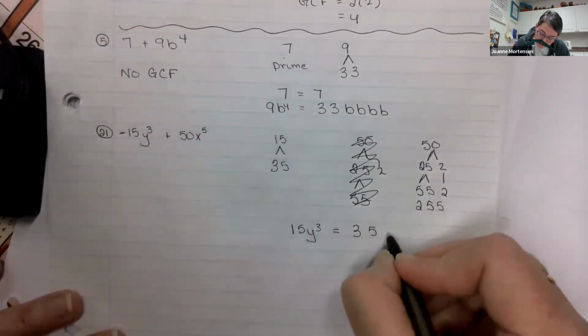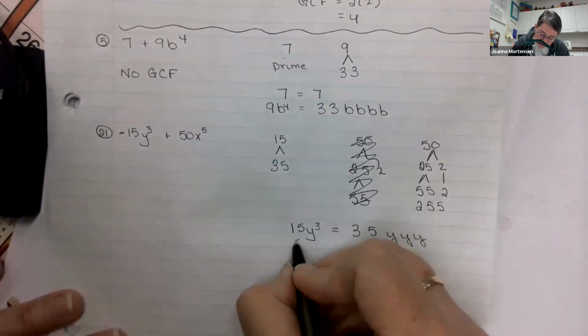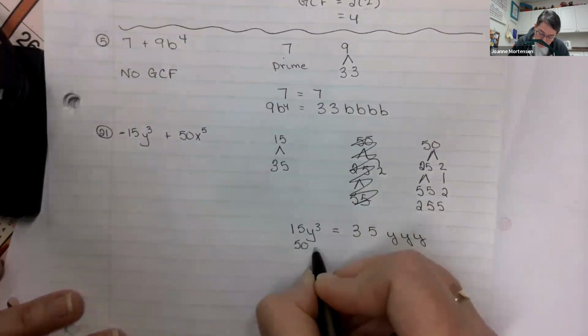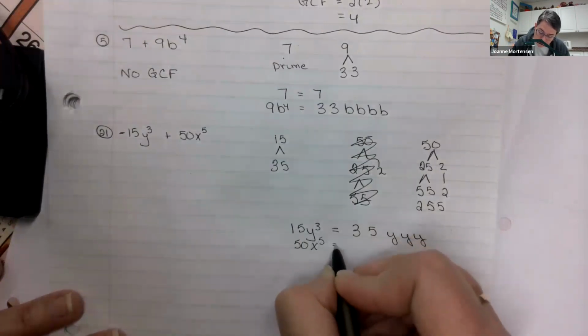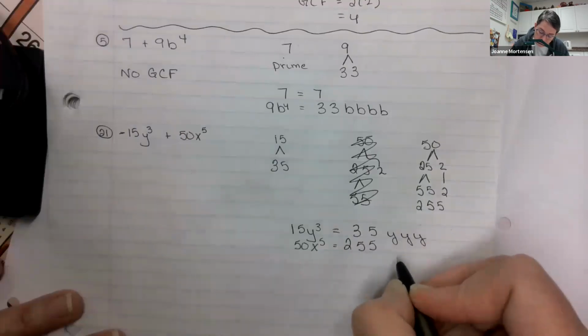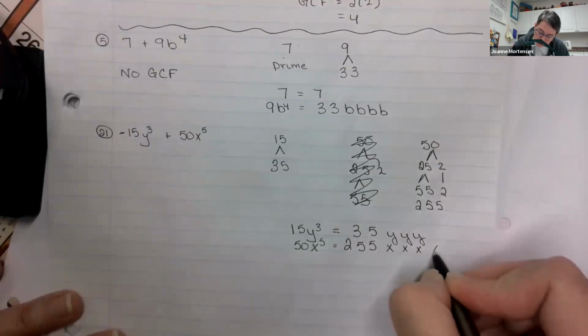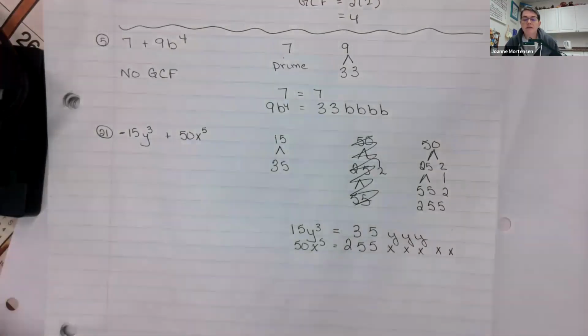So there's my 15, and then y and a y and a y. And then 50x5 is going to give me 2 times 5 times 5. And then x5 is 1, 2, 3, 4, 5.